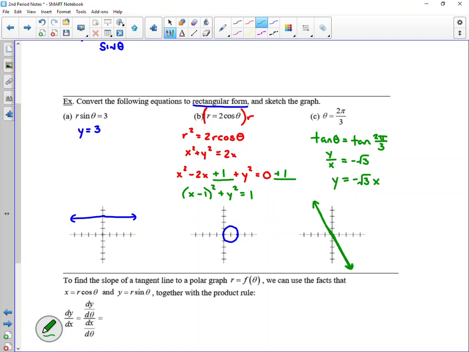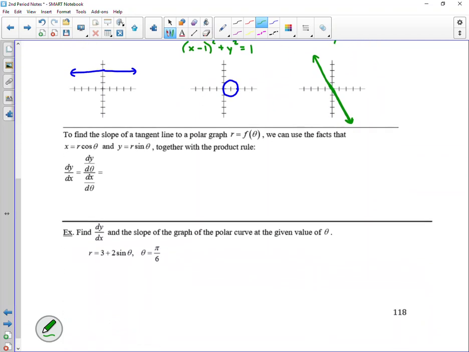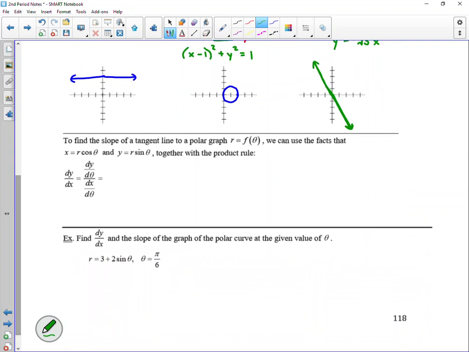Okay. Now, there's 2 different things that they'll ask you for with polars. The first thing is they'll ask you just for the rate of change, like dr d theta sometimes. This is not equal to the slope of the tangent line.